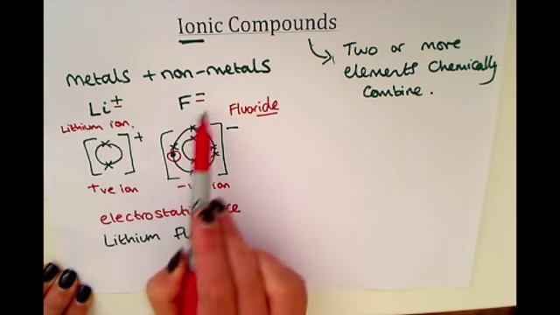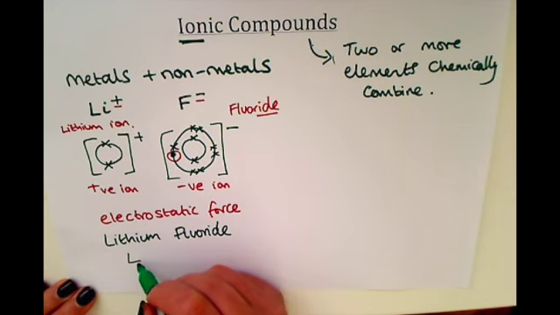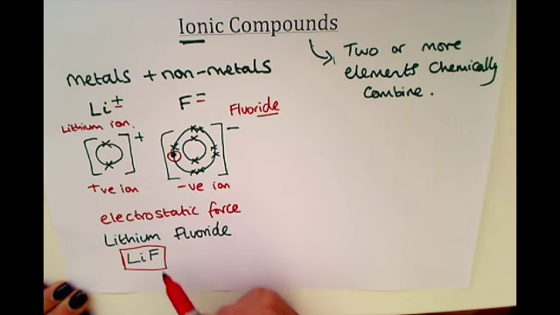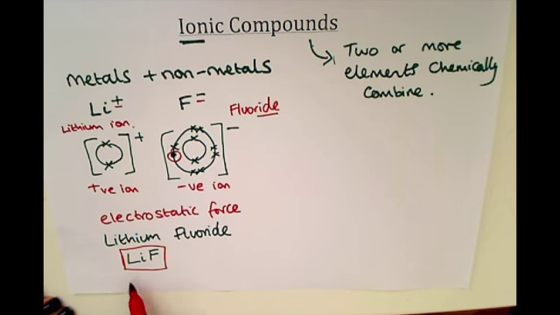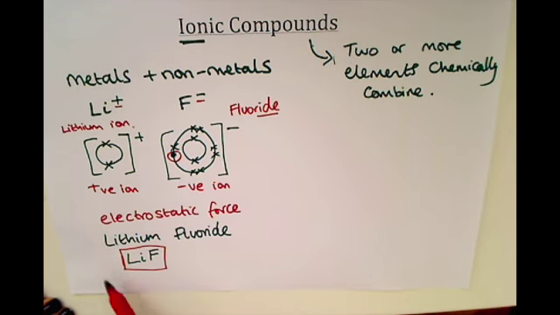Therefore one of each ion will cancel each other out. So we would only need Li and F. And this would be the formula for the ionic compound lithium fluoride, LiF, because you've got one positive charge, one negative charge, and they cancel each other out. So the idea is you want no overall charge on the compound.